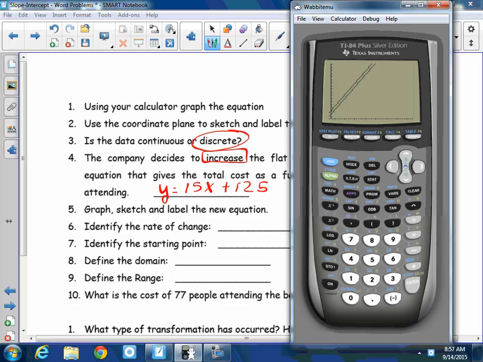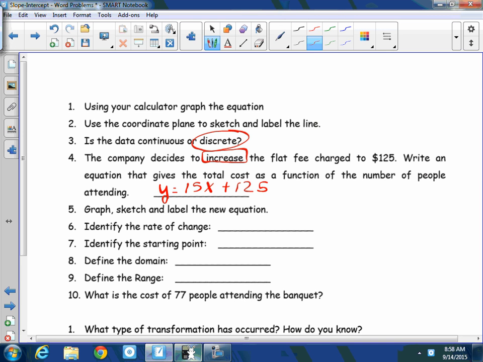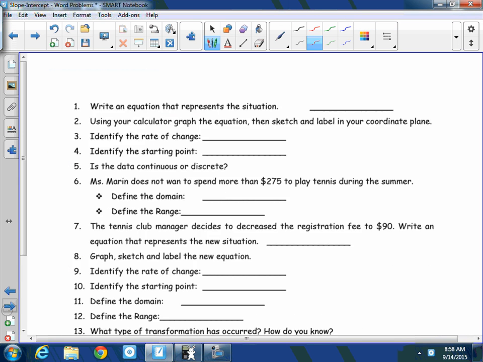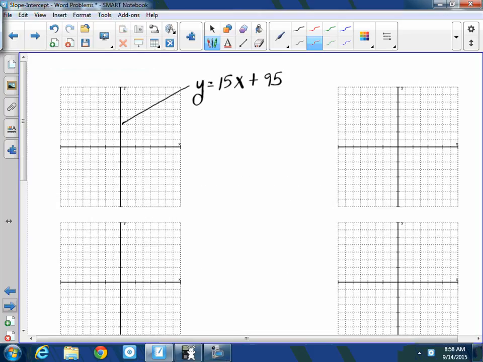So now we're going to sketch it, and this is where you need to find a different color, and let's sketch it on the same spot. So where would it be? Higher, correct? Yes. It's going to be higher. It's going to be the same slope, so that doesn't change.